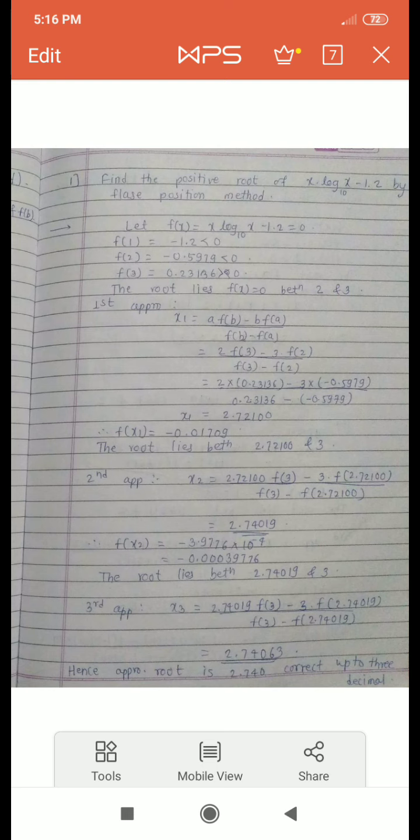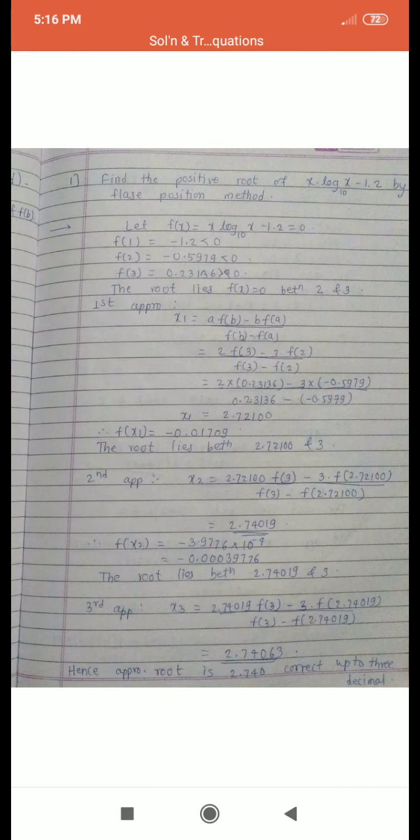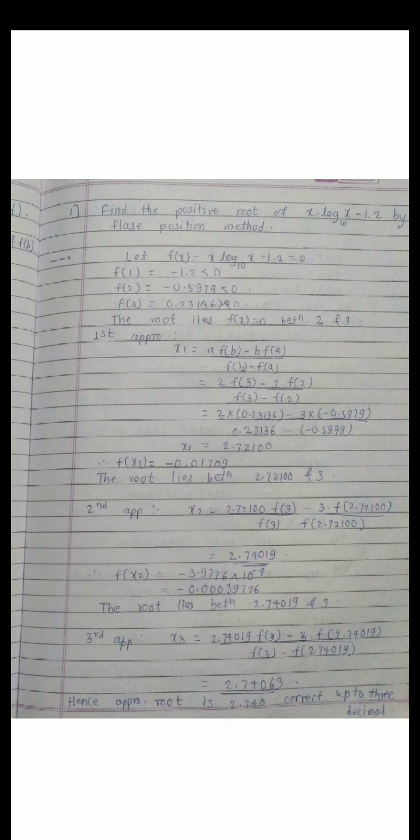And if we find f of x1, replacing x by x1 in our given function x log x minus 1.2, then we get f of x1 is negative. Here f of 3 is positive, f of 2.72100 is negative, therefore they are of opposite signs, therefore the root lies between these two values, 2.72100 and 3.